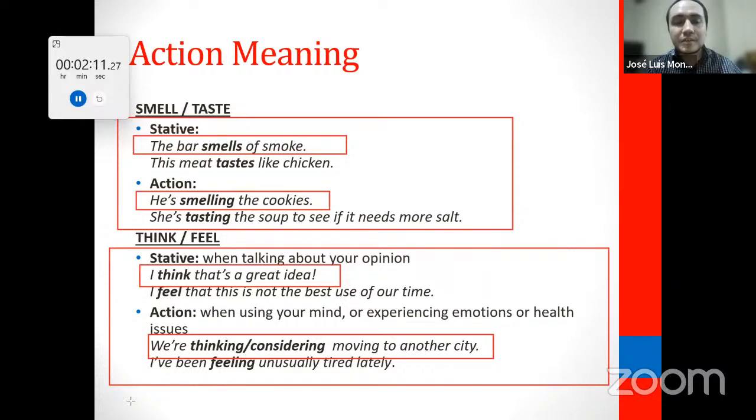Okay, in 1 more minute we check, please, and then we'll go to the last part before going to the next lesson.